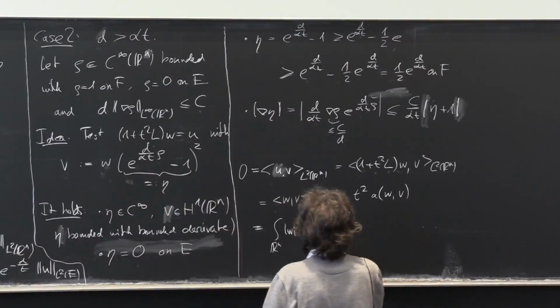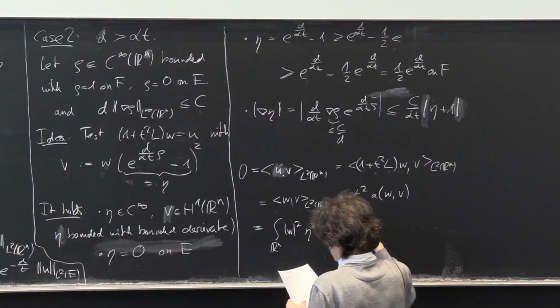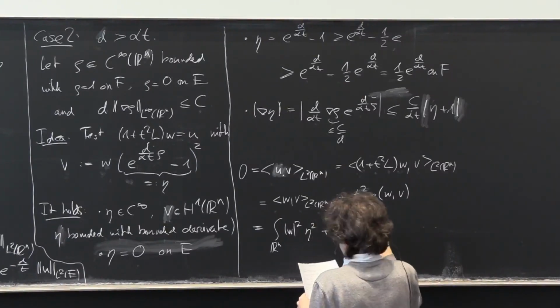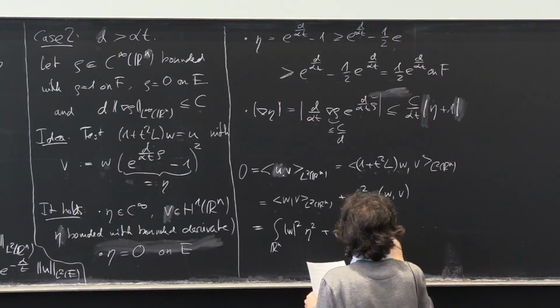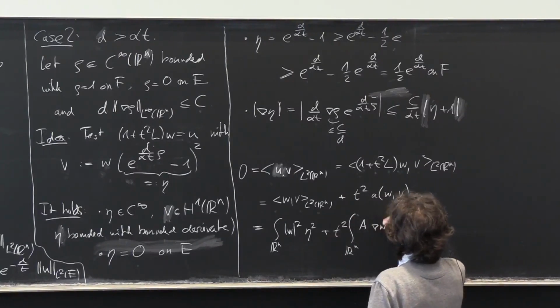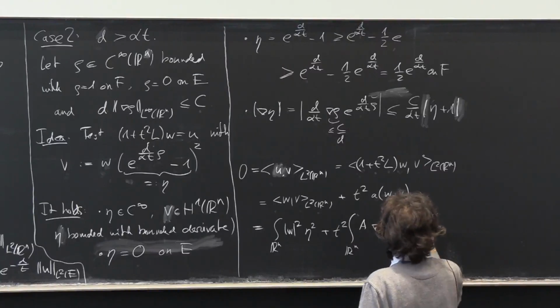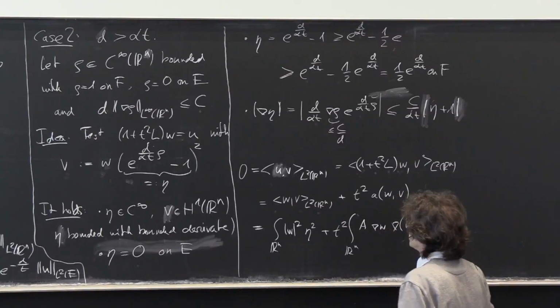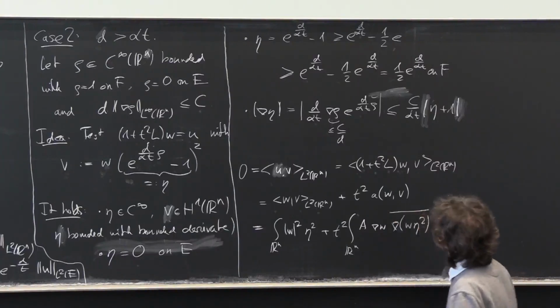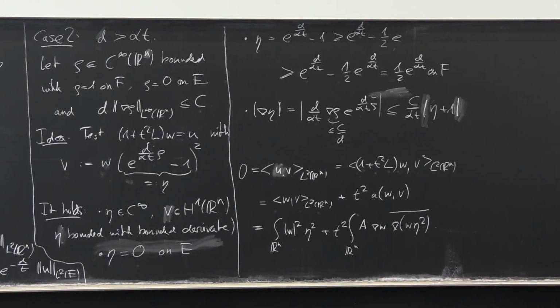Okay, so this is the first integral, and here we have t squared integral over Rn coefficient matrix A applied to gradient W times the gradient of V, and V is W eta squared. And this is complex conjugated.